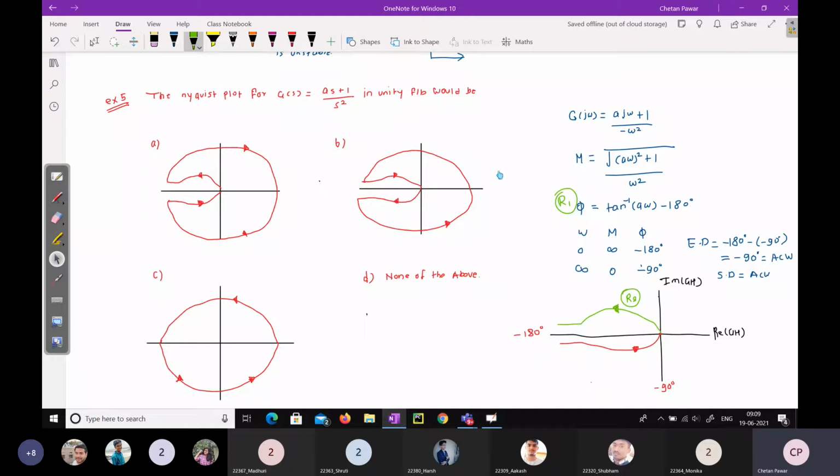Now tell me, how many poles are there at the origin?